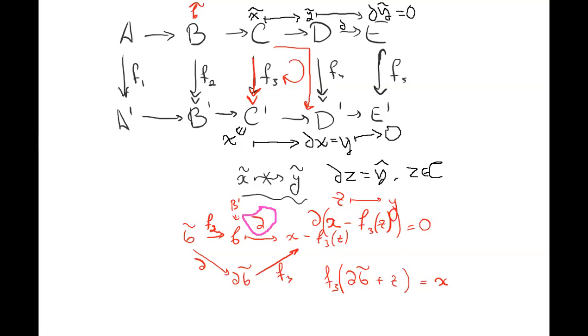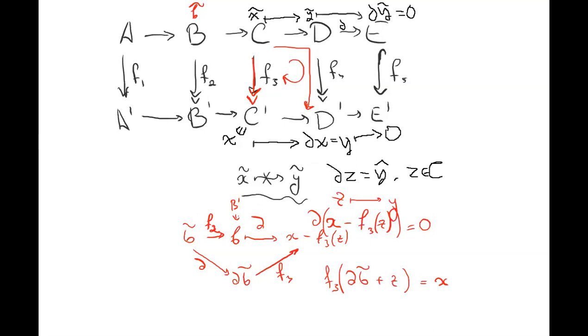If you have this kind of diagram and all arrows except F3 are isomorphisms, then F3 is an isomorphism as well.